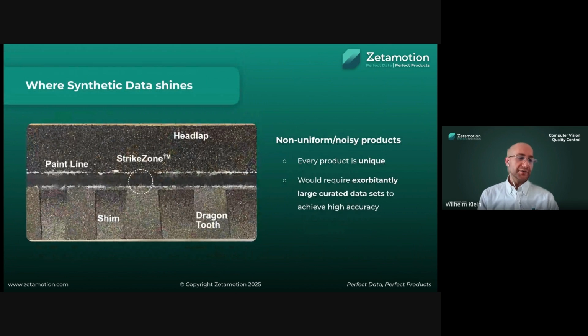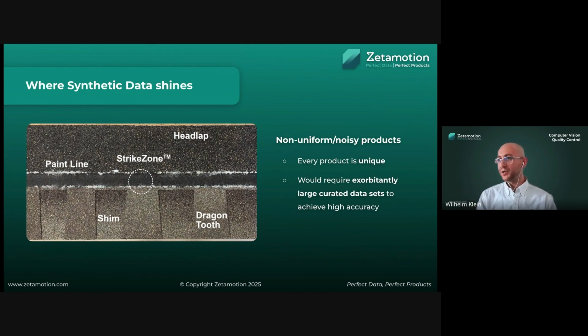Equally, when you have products that are very, very noisy and non-uniform. This is from another pilot with the largest roofing manufacturer in North America. They are making roof shingles, which is a composite material from glass fiber and then bitumen and paint, as well as sand granules.